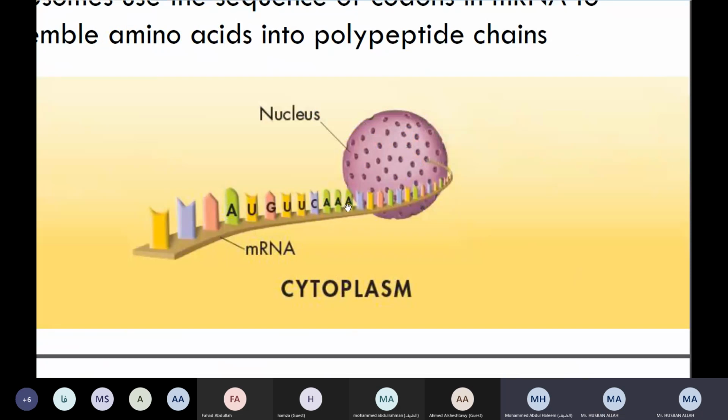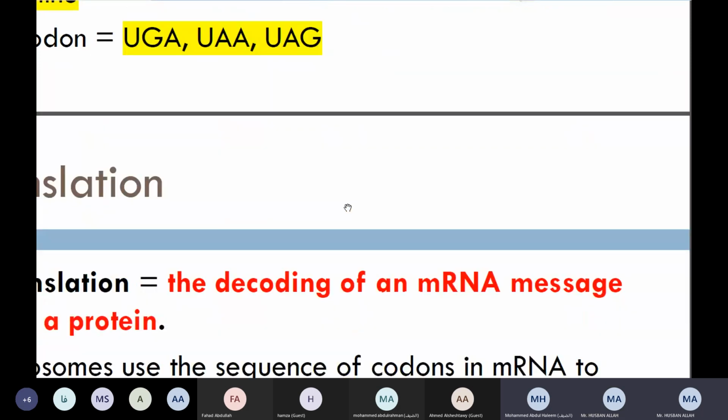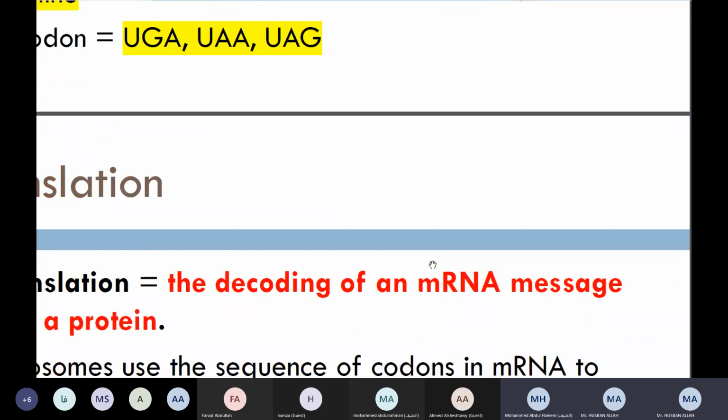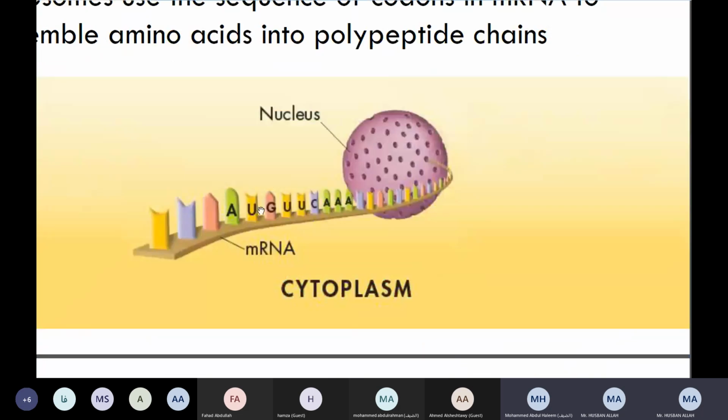So what does AAA stand for? Go back to the figure and you can check from there. AAA codes for lysine, right? So in this way you can find the entire protein, the entire polypeptide chain, the one given here. The first is methionine.